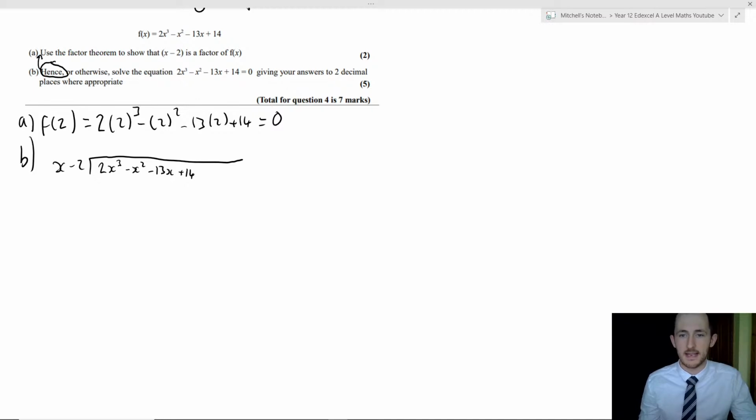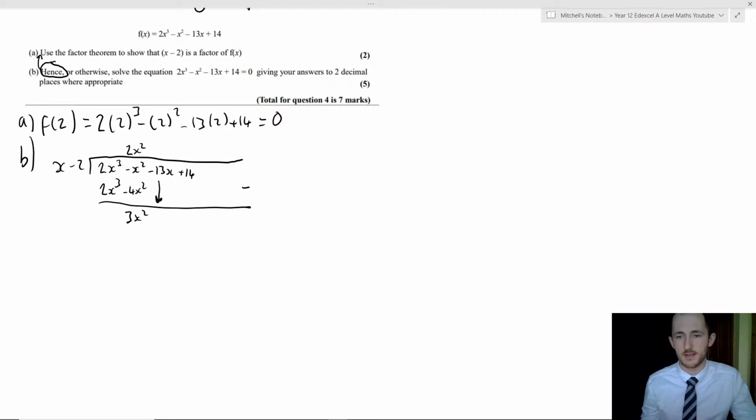Okay, so again, take the first thing here, divide it by the first thing in the divisor. 2x cubed divided by x is 2x squared. Then times it by everything in there. So 2x cubed minus 4x squared, and then subtraction. You get 0, minus 1, minus 4 will give me plus 3x squared.